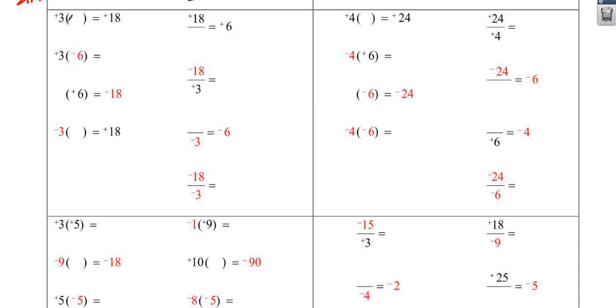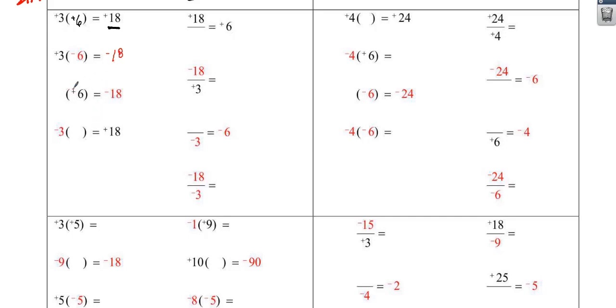So, positive 3 times what equals positive 18? Well, we know the answer is positive, so that tells us the signs have to be the same. So 3 times what makes 18? 3 times positive 6. Positive 3 times negative 6. Signs are different. Answer has to be negative.